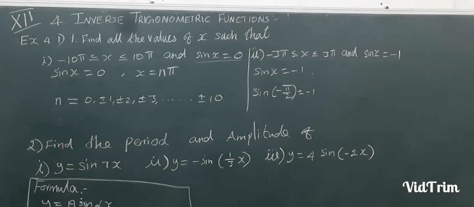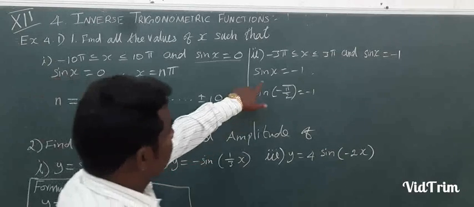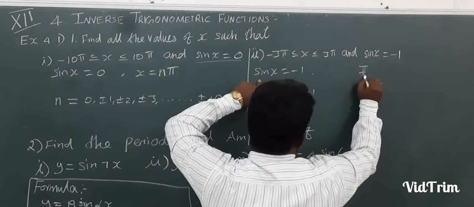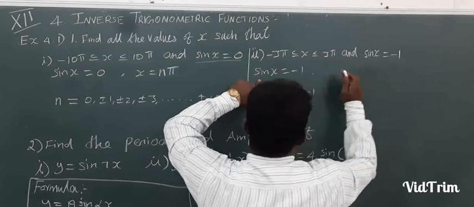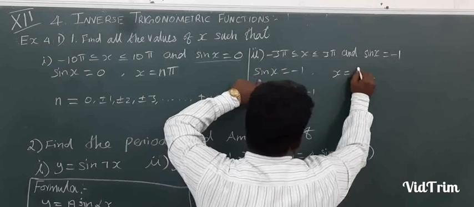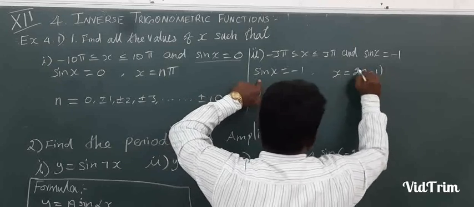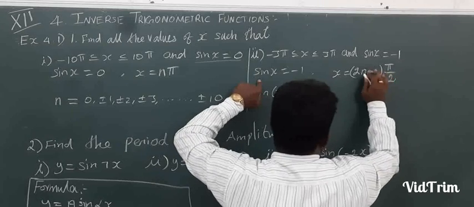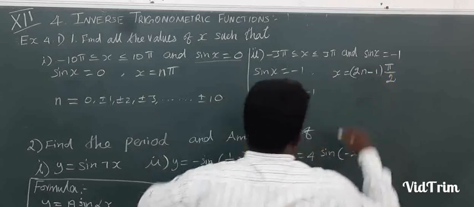Let me guess what is the formula, I mean what is the n value like before. So it should be, you know very well, sin of pi by 2 is equal to 1, so minus 1 is x equal to (2n minus 1) into pi by 2. What is the n value here?